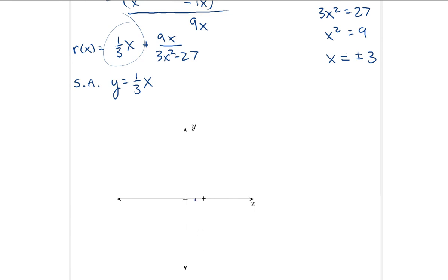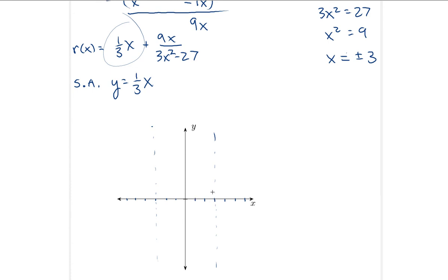So 1, 2, 3, 4, 5, 6. 1, 2, 3, 4, 5, 6. So right here at x equals 3 is a vertical asymptote. Right here at x equals negative 3 is a vertical asymptote. And then we need this line, y equals 1/3 x. So that means no y-intercept, right?